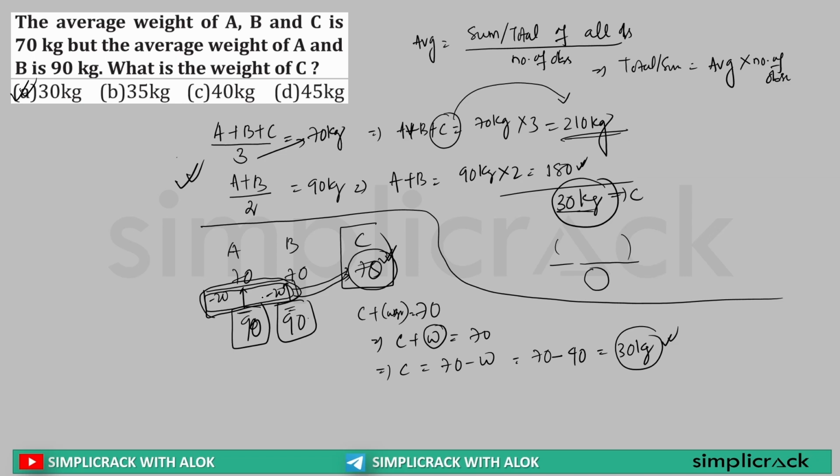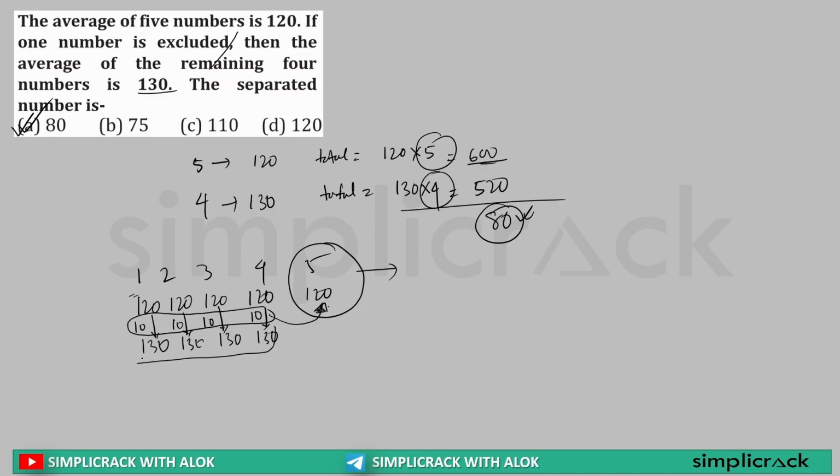And that's how their average dropped to 70 kg. So here, if 130 kg has become their new average after separation of B or the fifth number, that means what?